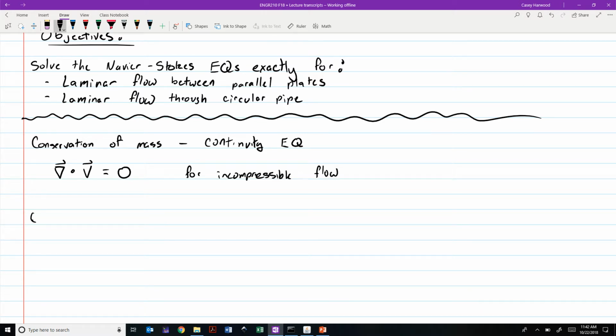And we also developed, from conservation of linear momentum, the fabled Navier-Stokes equations for Newtonian fluids that are also incompressible.